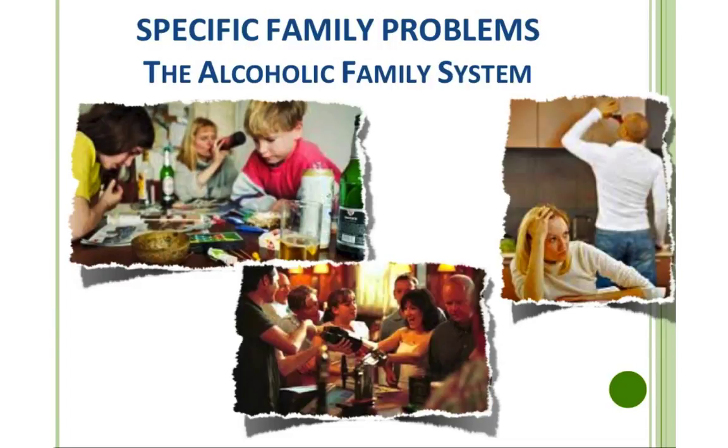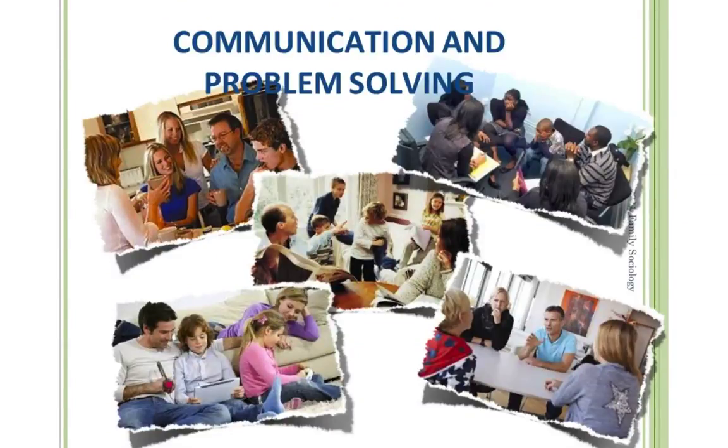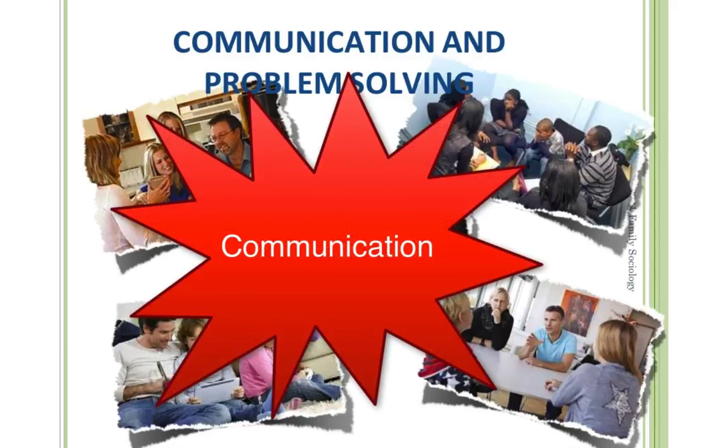When the alcoholic member stops drinking, however, there may be a crisis of sobriety. The family still has its old patterns and has to learn new ones. So when we think about whatever the family problem is, there are many solutions, but the bottom line often comes down to communication and problem solving.